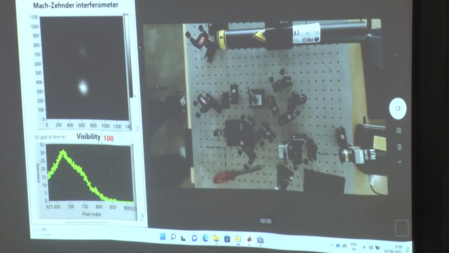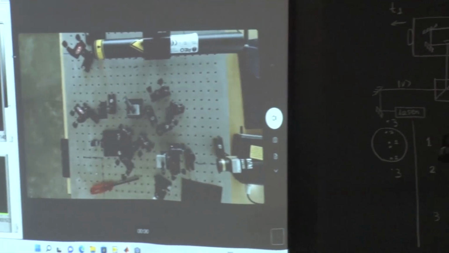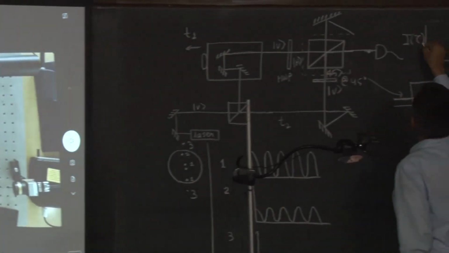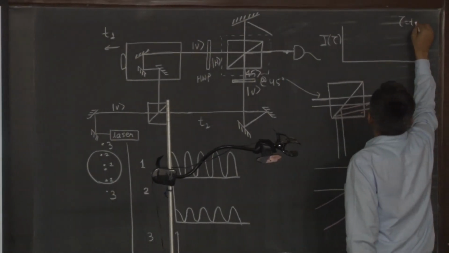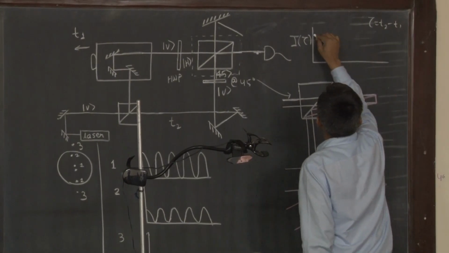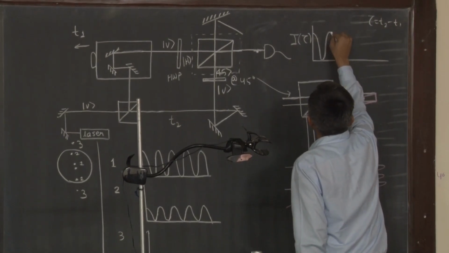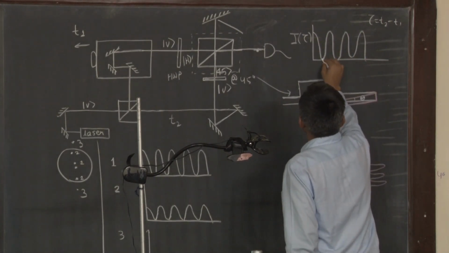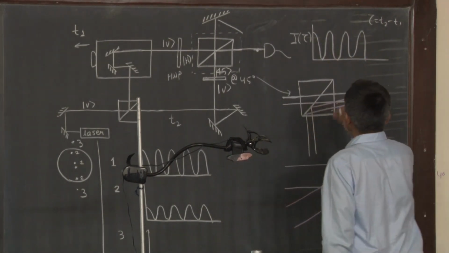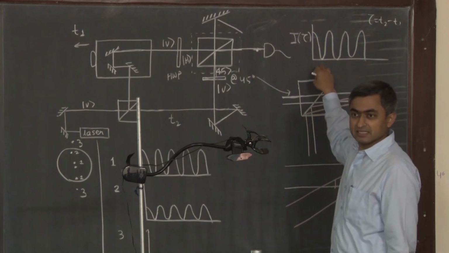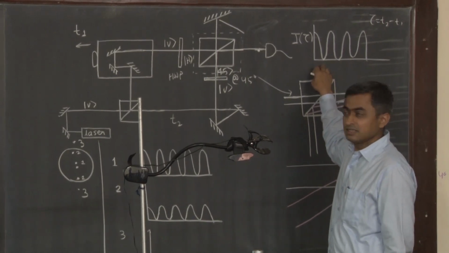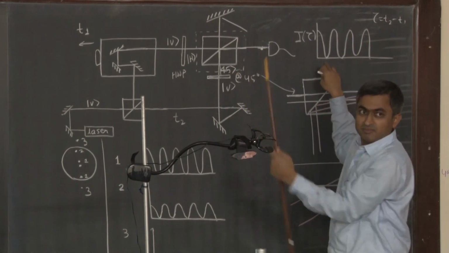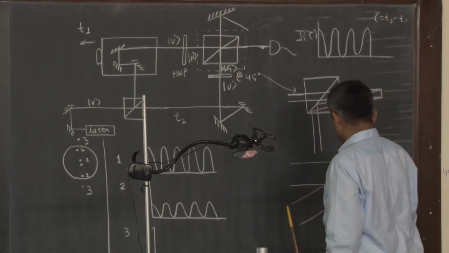So if you remember, I as a function of tau, where tau is T2 minus T1, it is a fringe pattern. So for some tau, there is no intensity. But what happens to the intensity? It goes to the other side because the energy has to remain conserved.